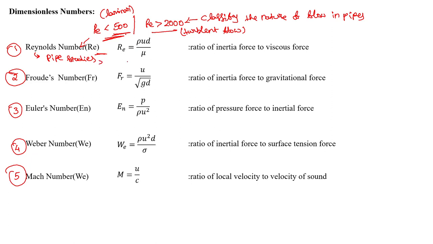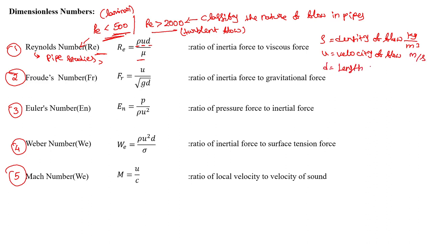So what is the formula? Reynolds number is equal to rho into u into d upon mu. What is rho here? Rho is the density of flow, so it will be kg per meter cube, and u is the velocity of flow, meter per second, and d is the length or hydraulic diameter.